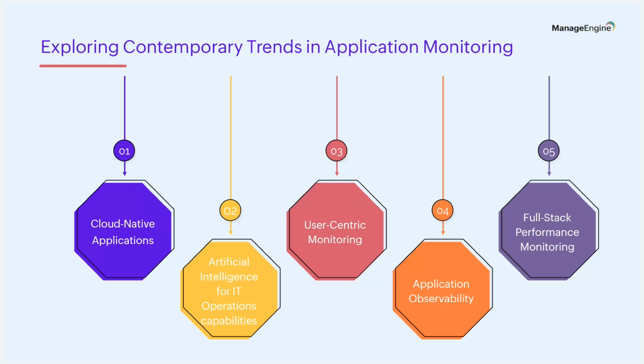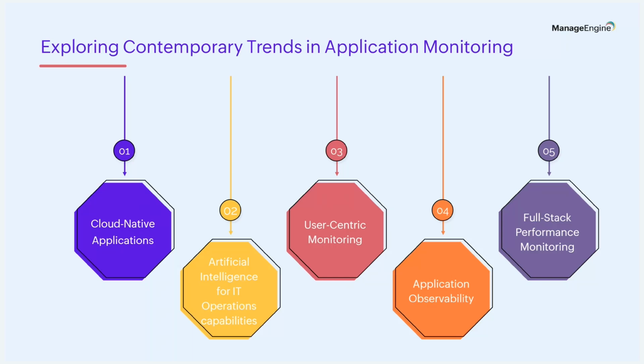AI and machine learning will help you to detect unusual system behavior, automate IT tasks, predict future issues using historical data, and optimize resource usage based on real-time performance. And the third trend is user-centric monitoring. This approach focuses on the end user experience by tracking the user journey from accessing the application to completing tasks.